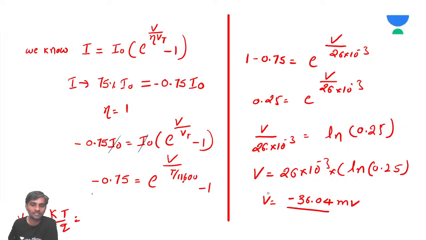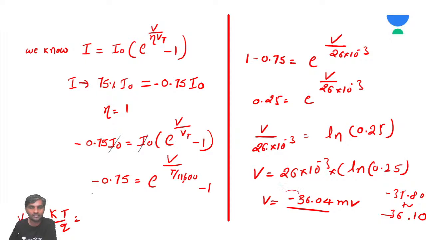So your answer will be accepted within a range, let's say from minus 35.80 to minus 36.10. You need not worry, the exact value may not match, but he will give the range of voltages. Is the point clear?